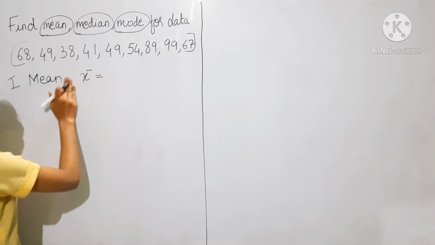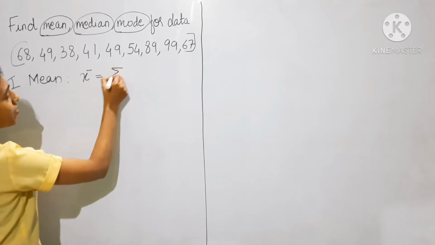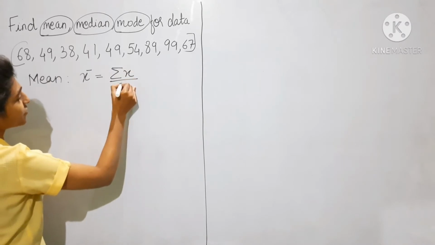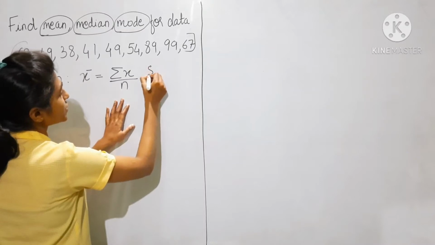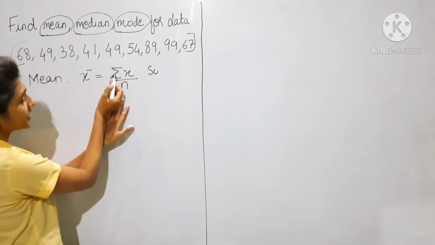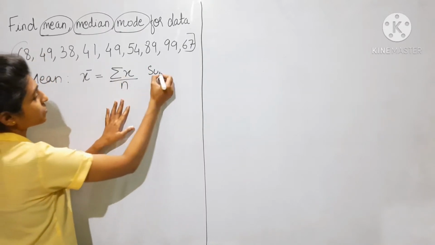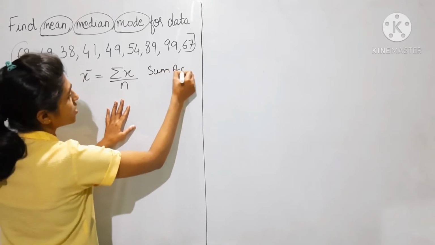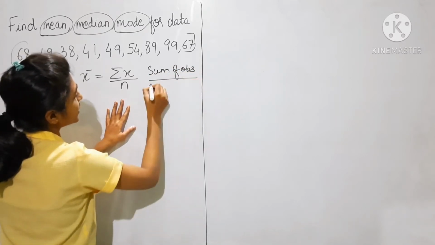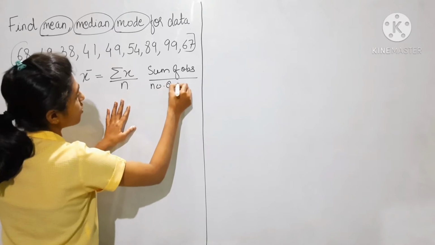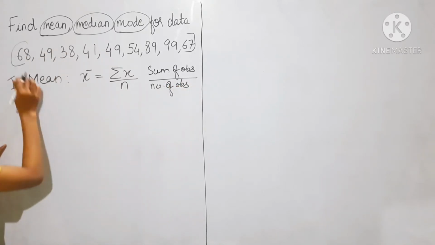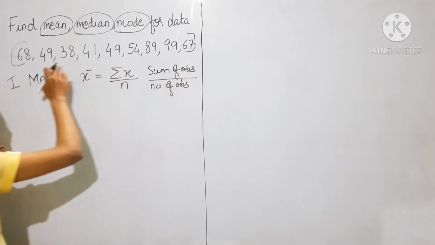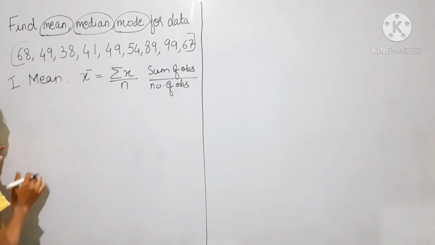The formula is x summation, this sign is sigma, summation means sum of observations, divided by the number of observations. So we have to add all of these and count how many observations there are.